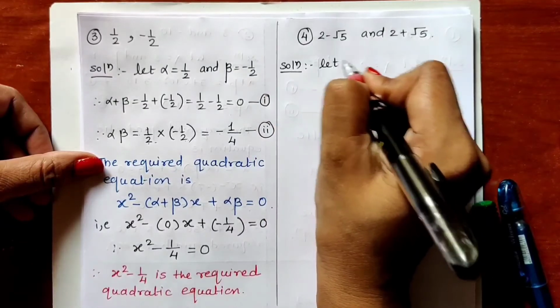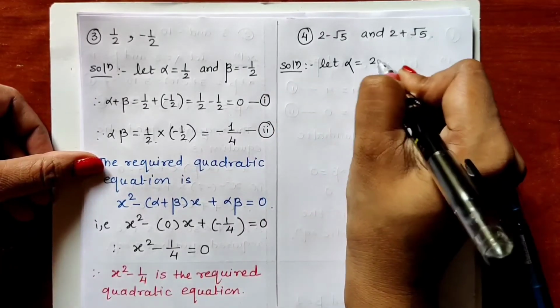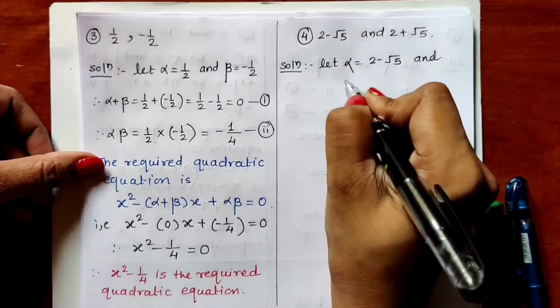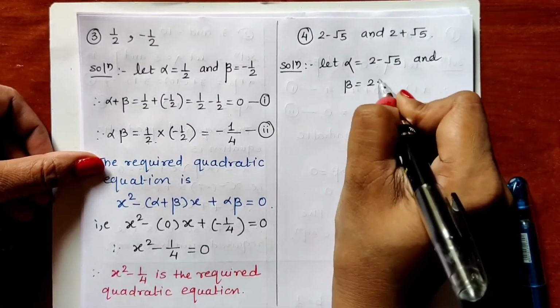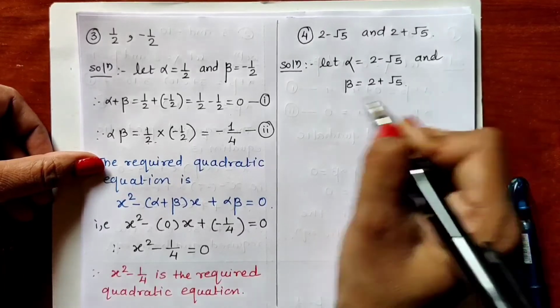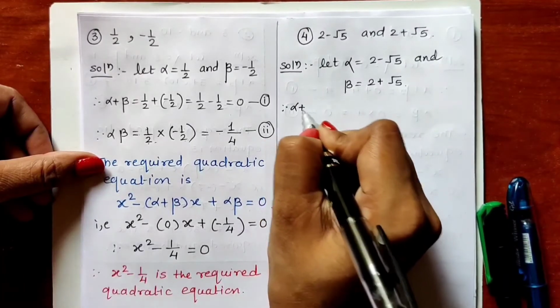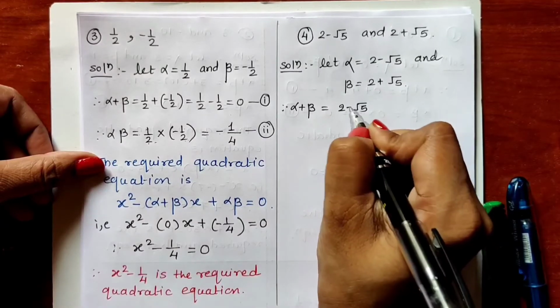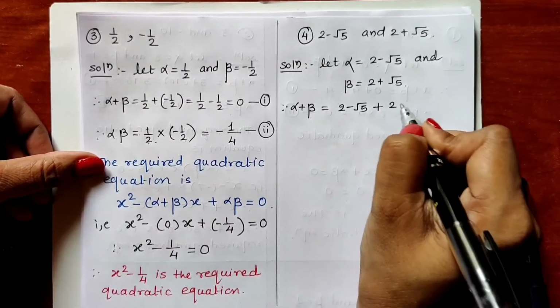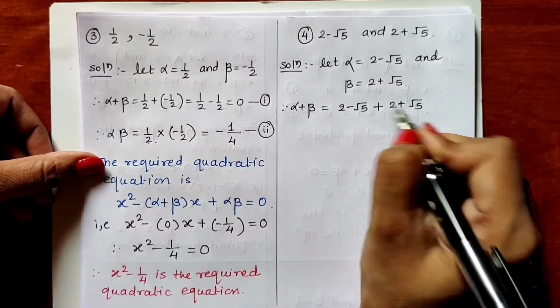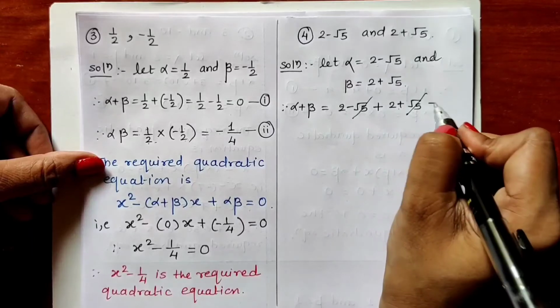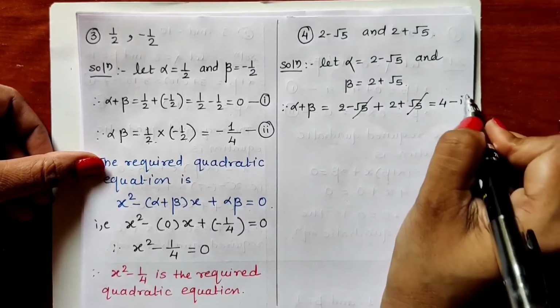Let alpha is equal to 2 minus root 5 and beta is equal to 2 plus root 5. First we do alpha plus beta. Alpha plus beta is equal to 2 minus root 5 plus 2 plus root 5. See children, minus root 5 plus root 5, answer will be 0. So 2 plus 2 will be 4. This is first.